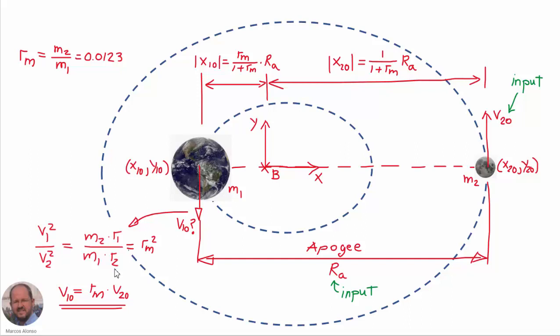So this is valid also for this starting position. By using this relationship between them, we can calculate the value of the initial speed of the Earth. So with this we have everything, and then we can implement our numerical algorithm to obtain the trajectories.